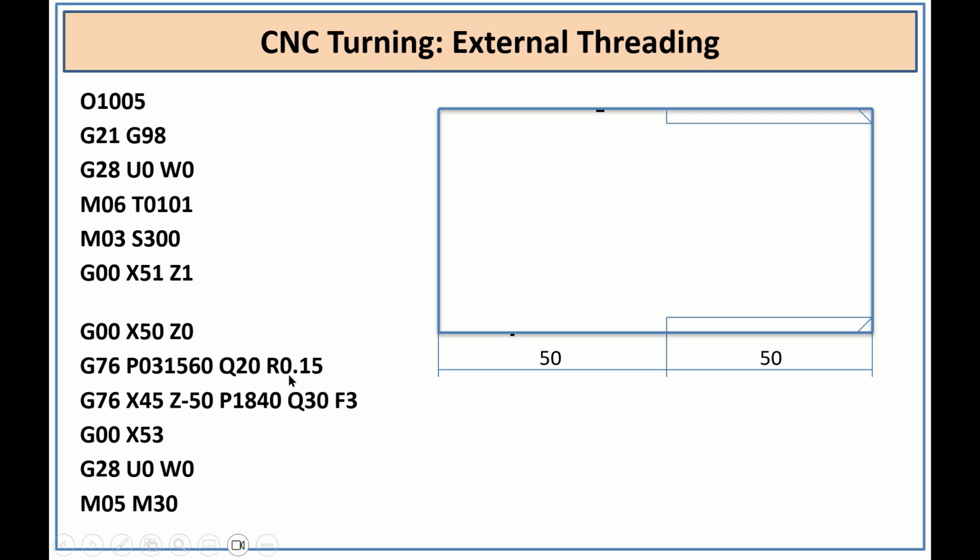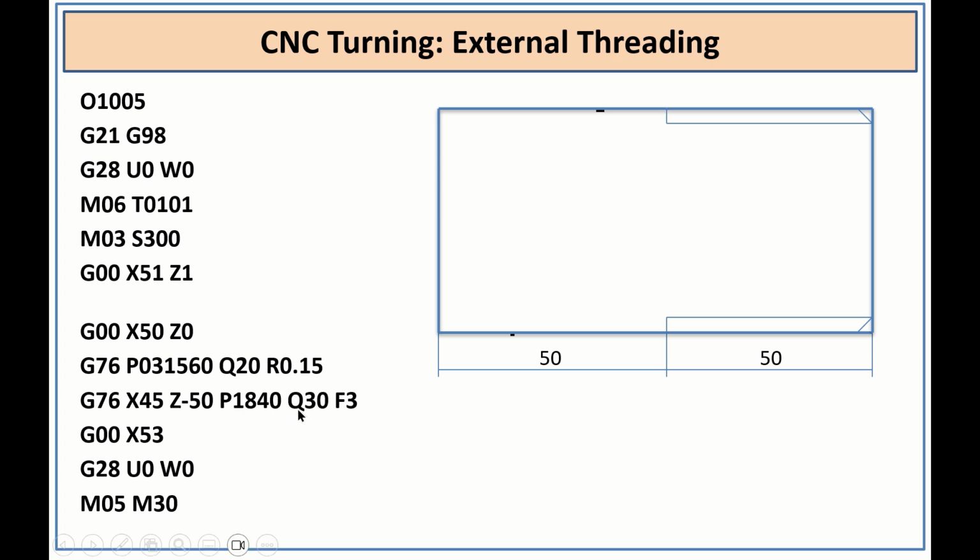as 0.15, and G76 X45, the minor diameter is 45, and Z is equal to minus 50, and P1840, that means 1.84 mm is the thread's height.